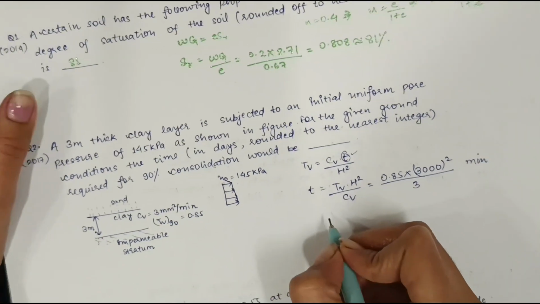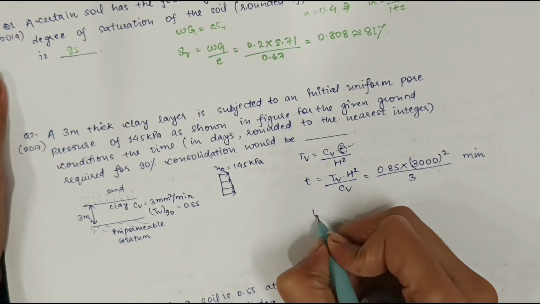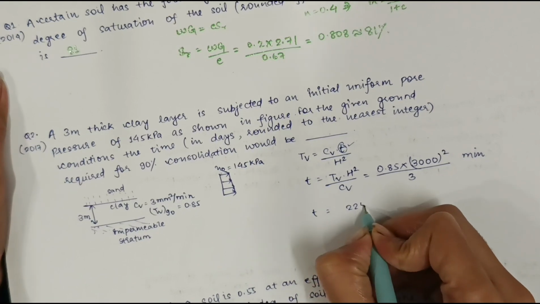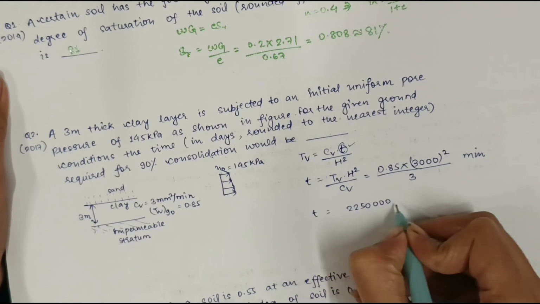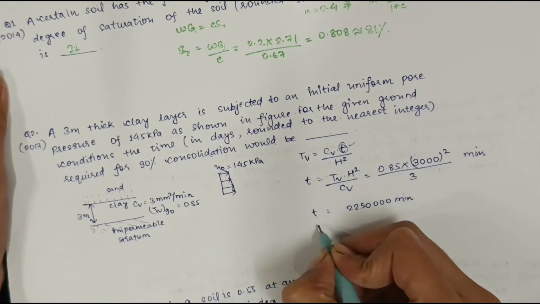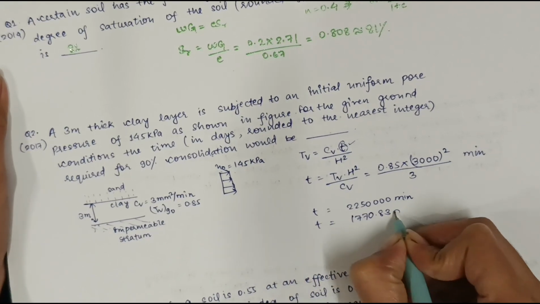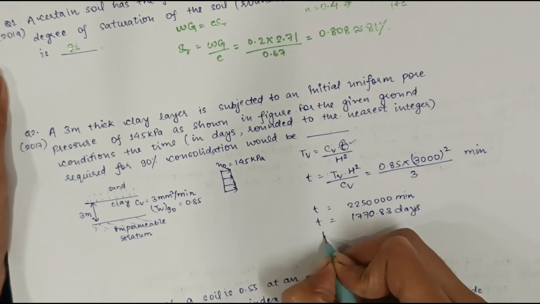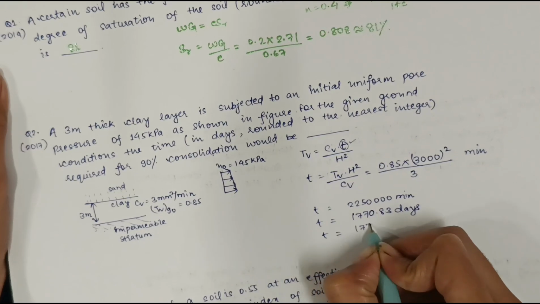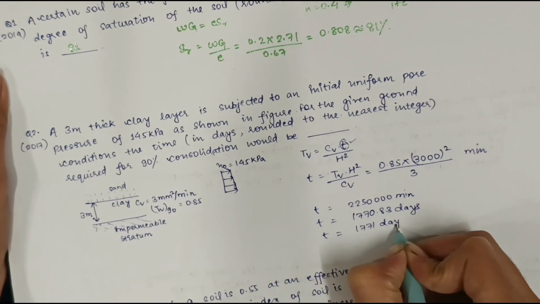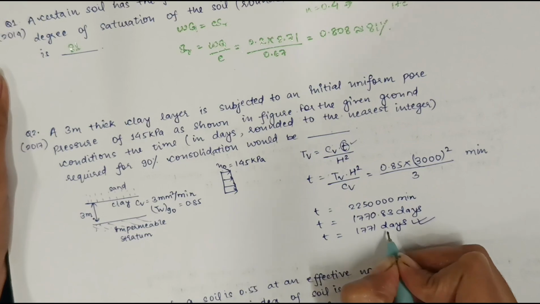Okay, now t will be equal to 2250000 minutes. Okay, which is equal to 1770.83 days, which is approximately 1771 days. Okay, so the correct answer is 1771.